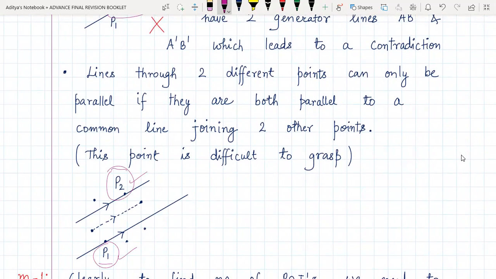So how to prove this? Let me tell you. Let us say there are 10 points, and we are talking about these 2 points, and there is one line passing through this point and one line passing through this point, and they are parallel, let's say.